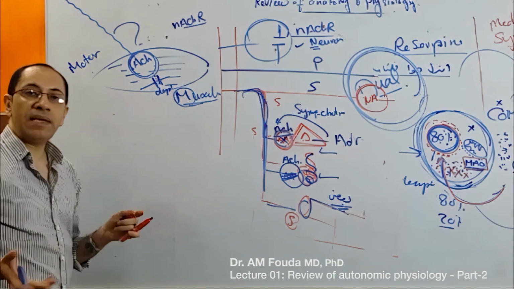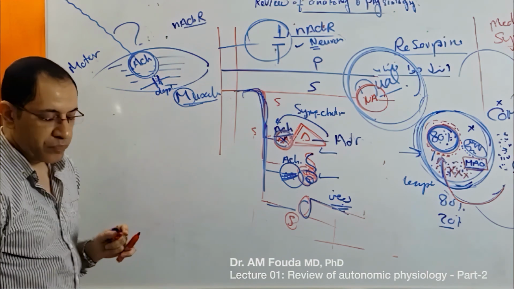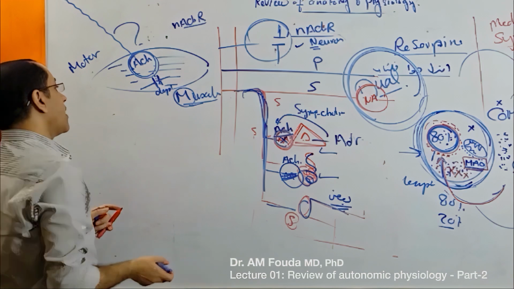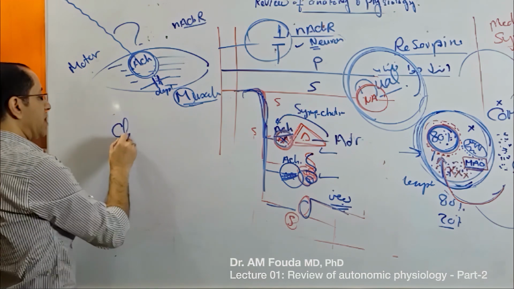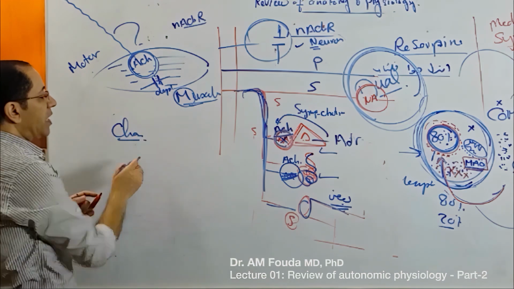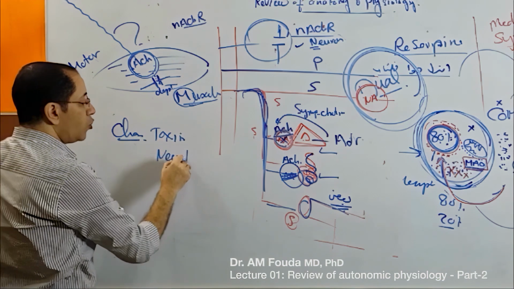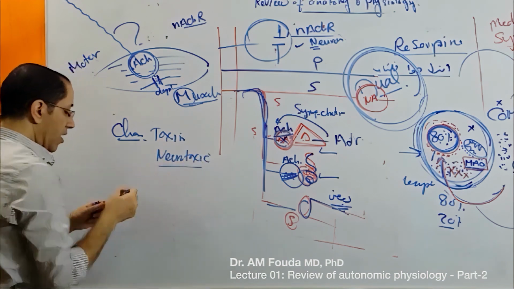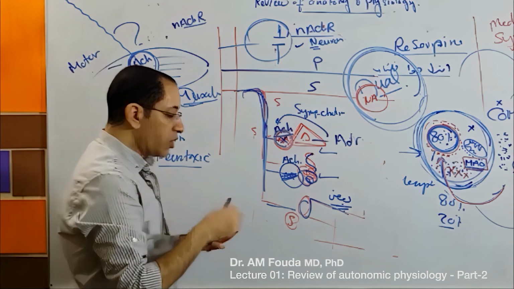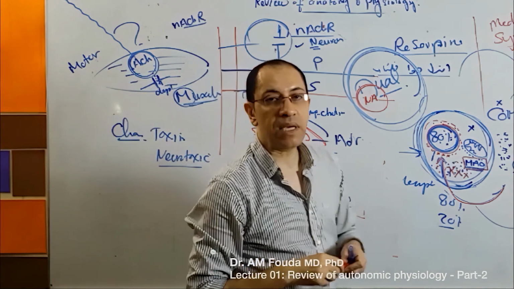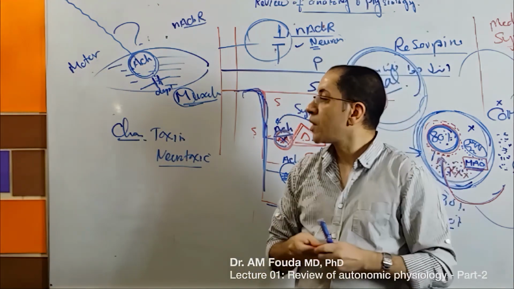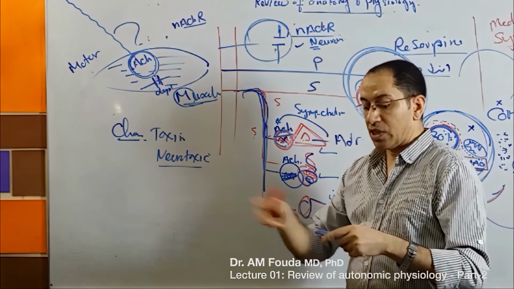Before we finish this video, I want to tell you about something important. In the 90s, there were bacteria from a family called Clostridium which release a certain toxin termed neurotoxin because it causes paralysis. This toxin is present in improperly home-canned food.